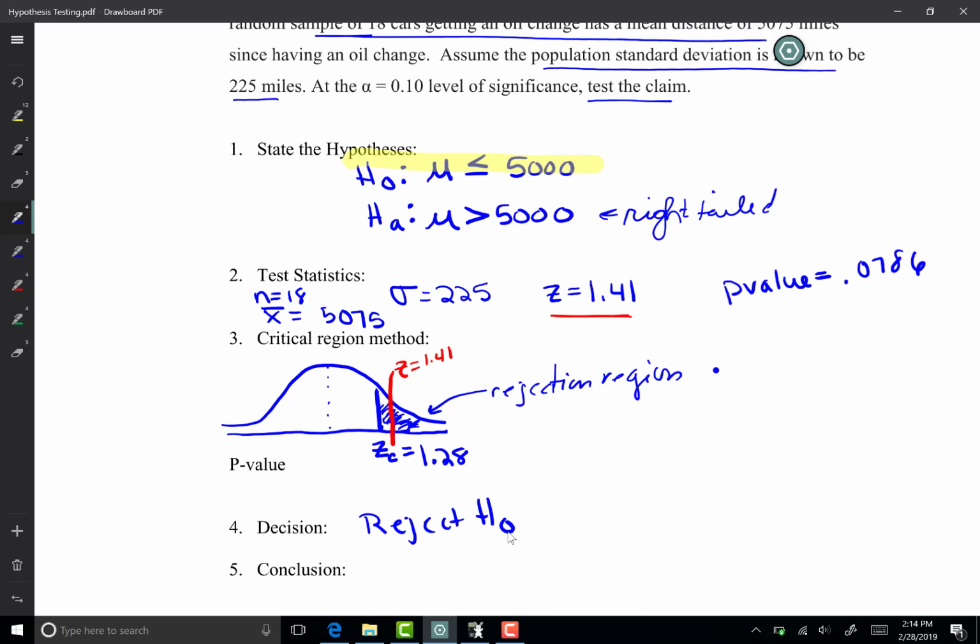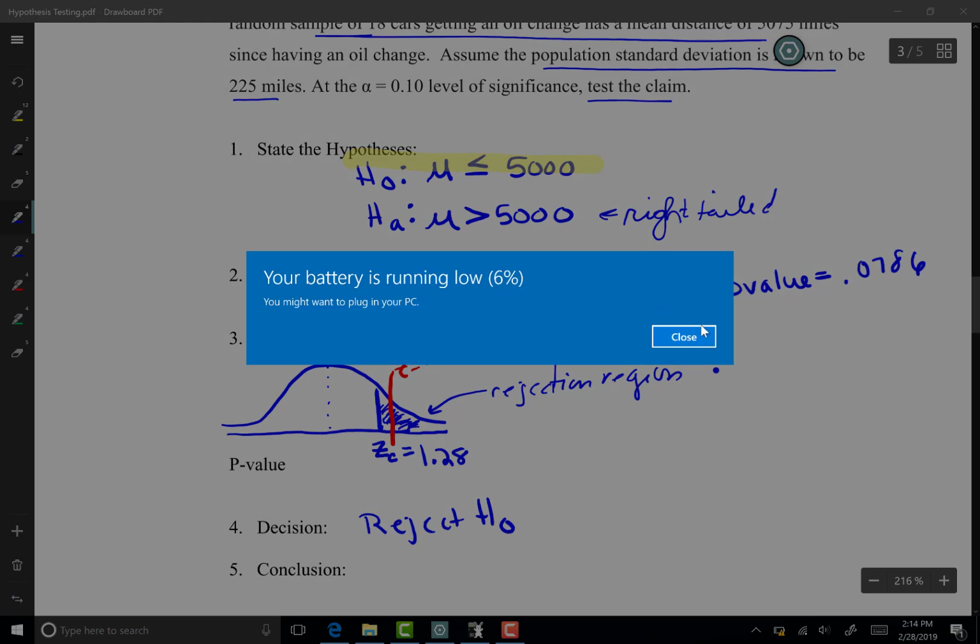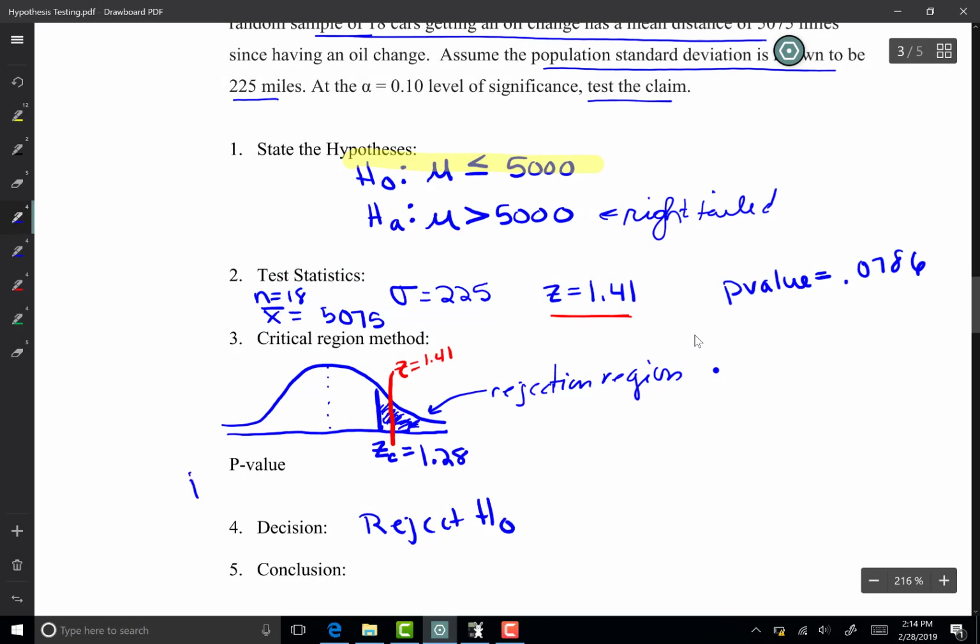Now the p-value tells us we're going to reject the null if our p-value is less than or equal to alpha. Well, we have to look back in our problem here. Alpha was 0.10.